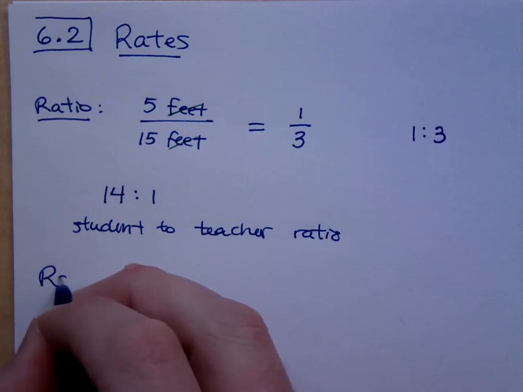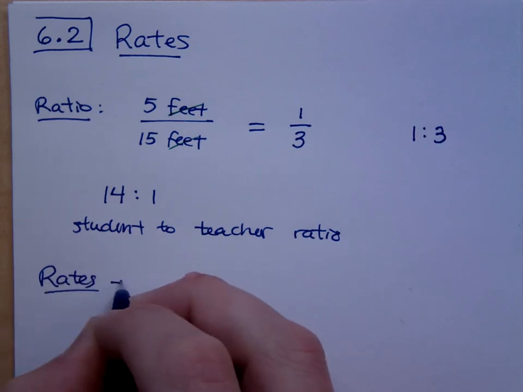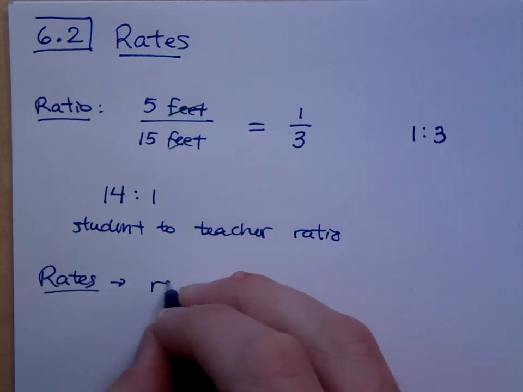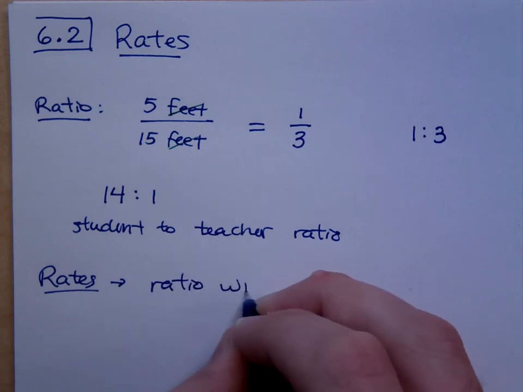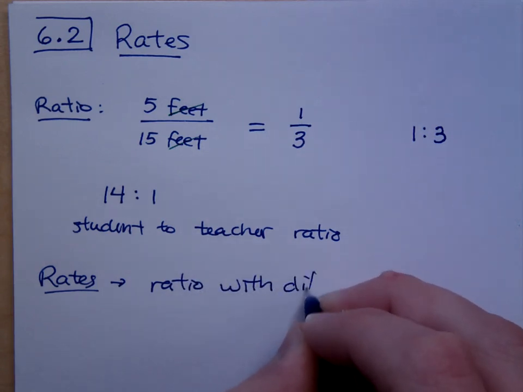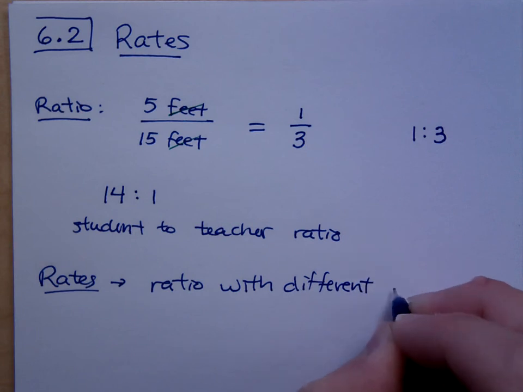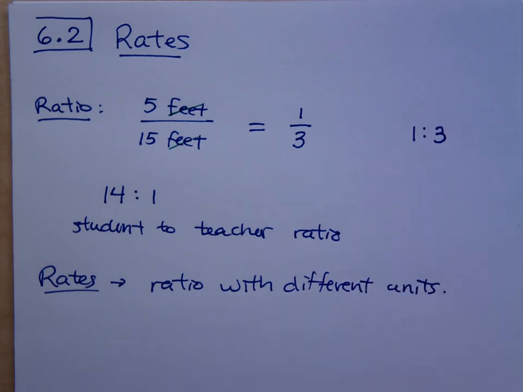But when we talk about rates, this right here is basically just a ratio with different units. So we're still going to be working with these guys the same way we worked with ratios, but now we're going to have different units. And you've seen rates before. We talked about this last time.